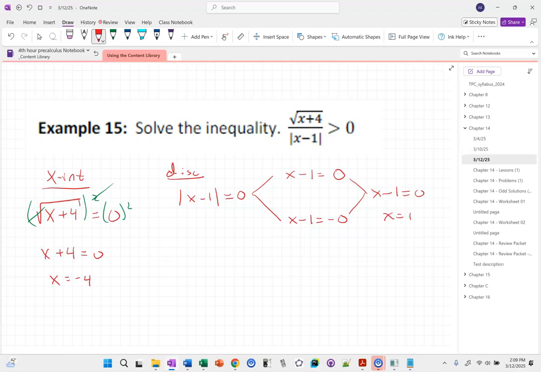But negatives give us what kind of result? Imaginary, yeah. So I know that then x plus 4 has to be greater than or equal to 0, right? There's the stuff underneath the radical. Can't be negative.